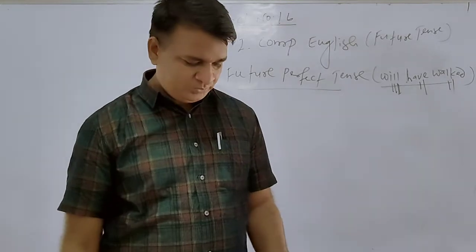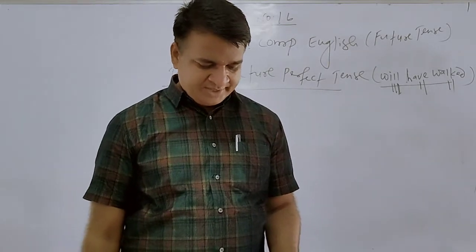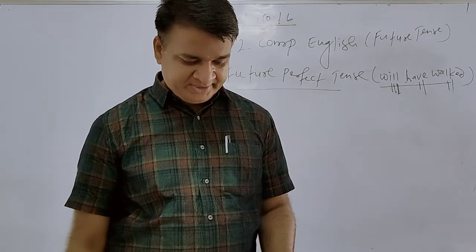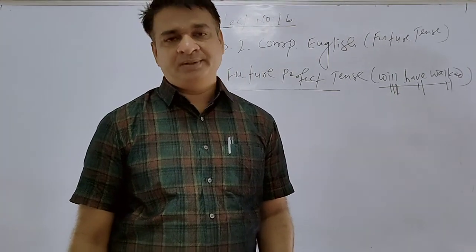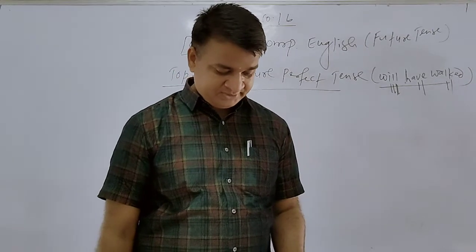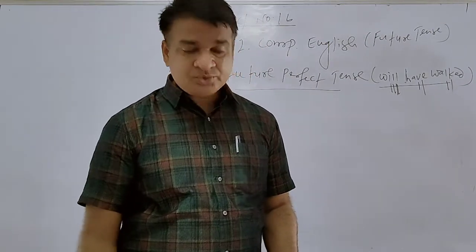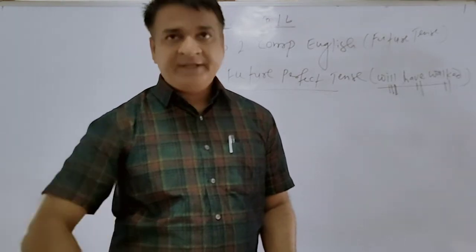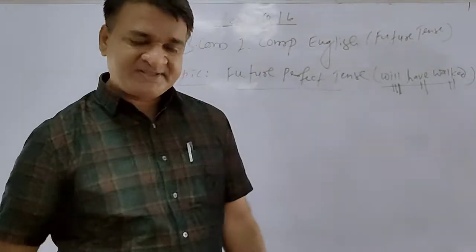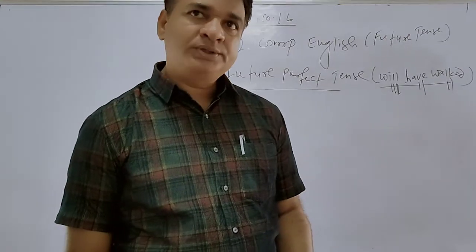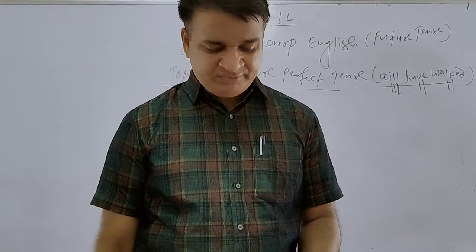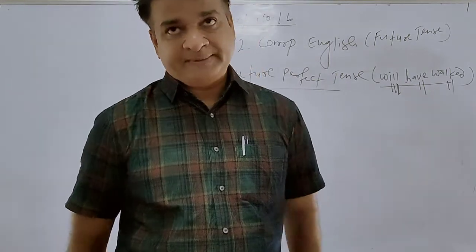This means the action is complete, and the use of the perfect tense shows that the action was completed at some time in the past. In the case of the future, the use of will and shall together with the perfect form, have plus past participle, such as walked, talked, completed, written, tells us that a certain action will be completed by some time in the future.